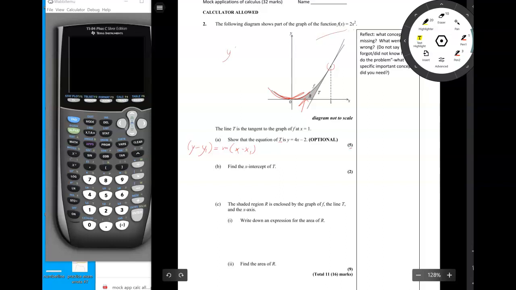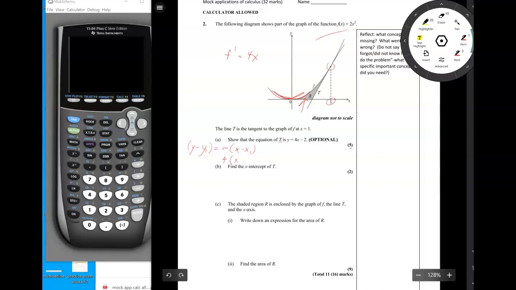So we could say y dash, or f dash, is 4x, right? Because if we take the derivative of 2x squared, we get 4x. And if we plug in the x equals 1 value here, then we find out that the slope at that particular point is 4. So we know that the m value is 4.